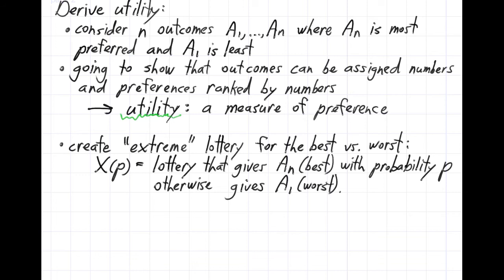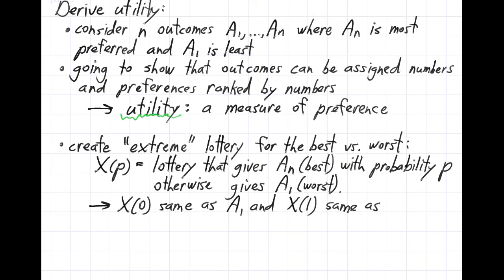So you should notice that X0, where P, the probability of getting the best outcome, is 0, is the same as just A1 itself. And on the other hand, X1, where we get outcome AN, the best outcome, with certainty, is the same as that best outcome AN itself.